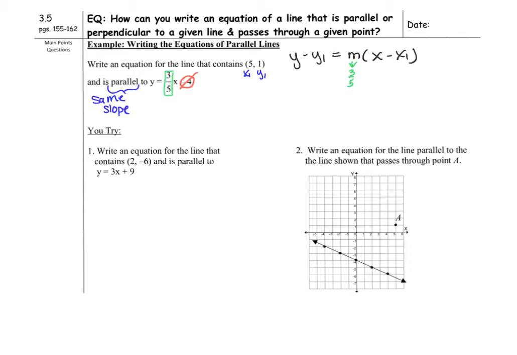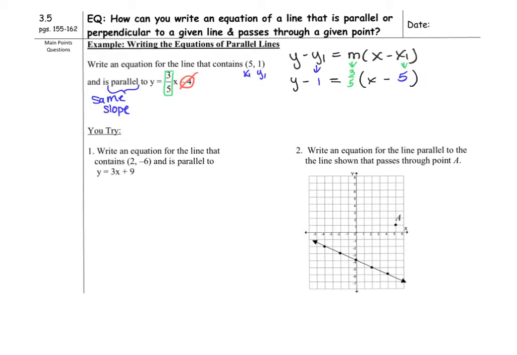And remember, you want your slope to be the same because I want an equation of a line that's parallel. So my slope has to be the same. Then you're going to replace your x sub 1 with 5, and you're going to replace your y sub 1 with 1. So if I rewrite this equation, I have y - 1 = 3/5 (x - 5).